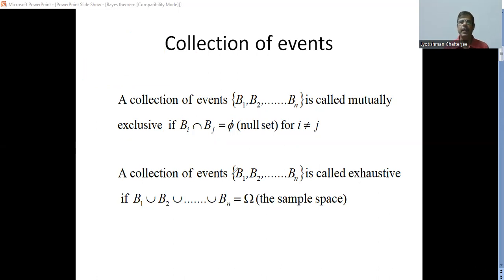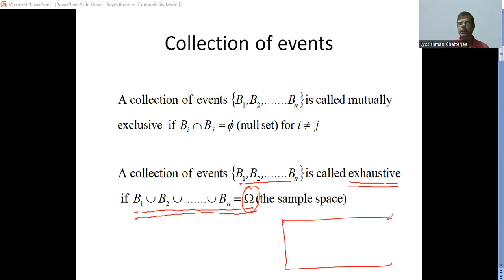Is this clear? The collection will be called exhaustive provided they cover the whole sample space. In other words, B1 union B2 up to Bn is the whole of the sample space. The diagram is like this. Here is B1, this one is B2, and this part is B3, and the whole thing is omega.